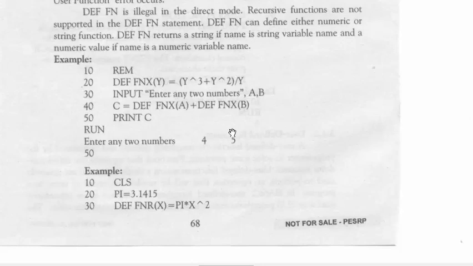If we solve this by the statement, 4 to the power 3 plus 4 to the power 2: this will be 64 and this will be 16. 16 plus 64, and then divided by 4, will be 20. Then if we solve it with 5, Y to the power 3 is 125, plus 25, divided by 5: 150 divided by 5 is equal to 30. Then 30 plus 20 is equal to 50.